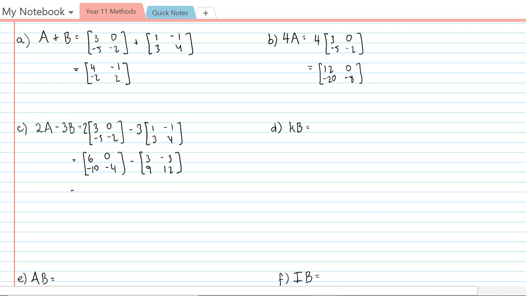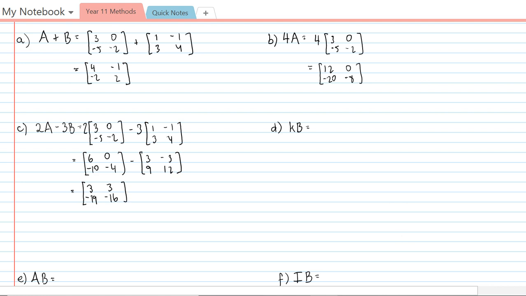And then subtracting the corresponding elements. 6 minus 3 is going to be 3. 0 minus -3 is also going to be 3. -10 minus 9 is -19. -4 minus 12 is -16.